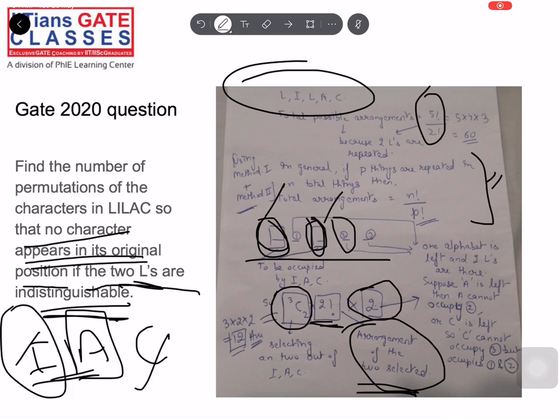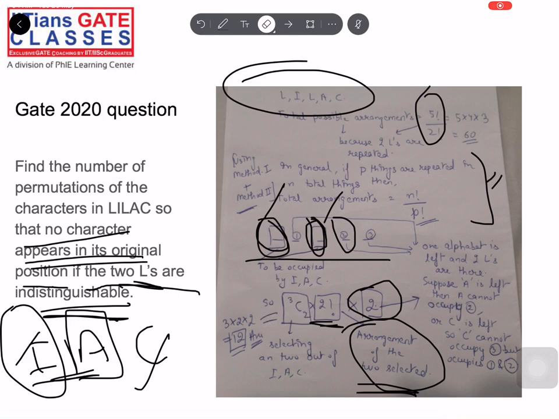So it won't matter which letter is left when you do 3C2. Whichever letter is left, you will know that that particular letter will occupy only either of two positions, and in the remaining positions L will occupy, and we get the word.